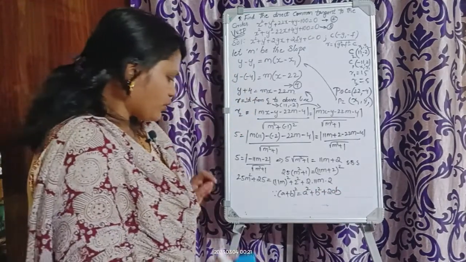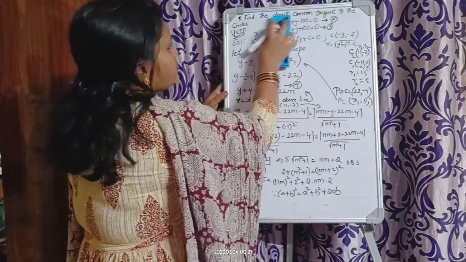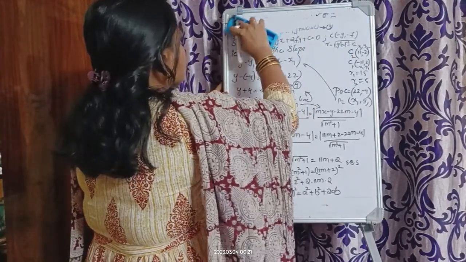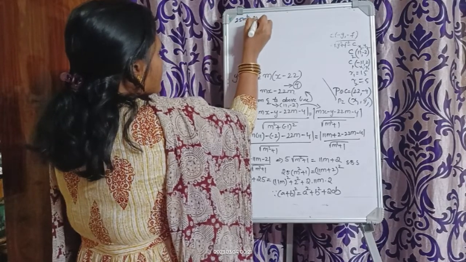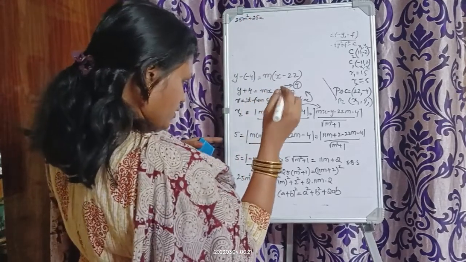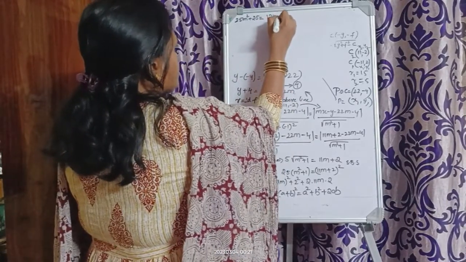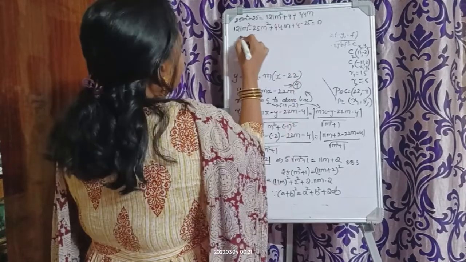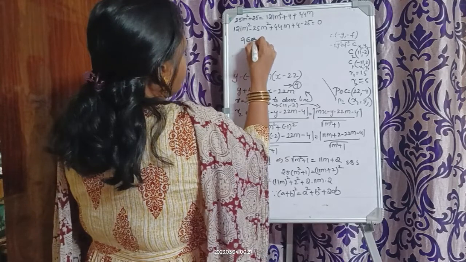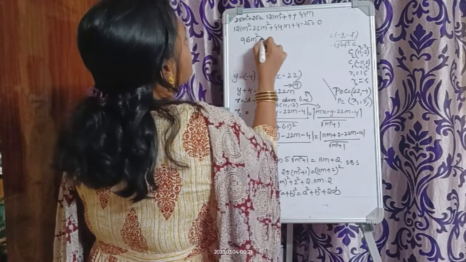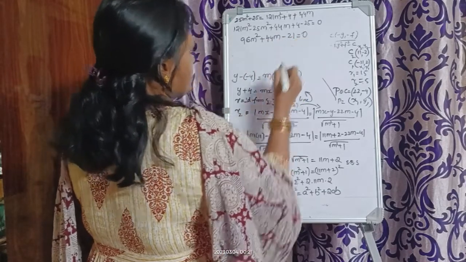Now we need to solve this equation to get m, right? 25 m square plus 25, which is equal to 121 m square plus 4 plus 44m. Simplifying, we get 96 m square plus 44m minus 21 is equal to 0.